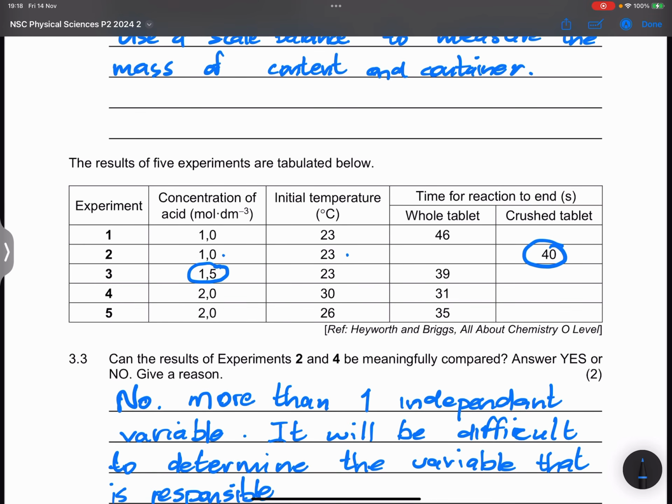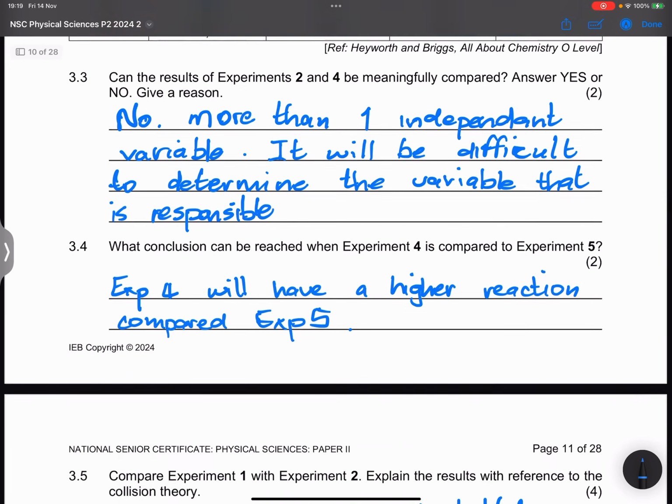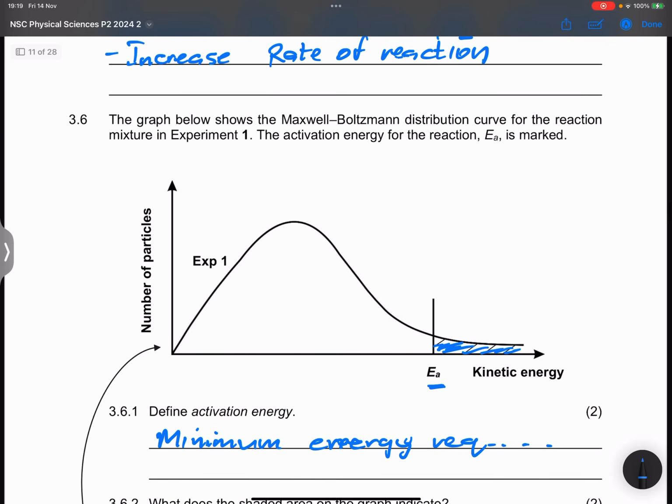In experiment 3 we had a higher concentration of one of our reactants, and everything else remains the same. They used a whole tablet here, and a whole tablet there. So we're also going to start at the same point.